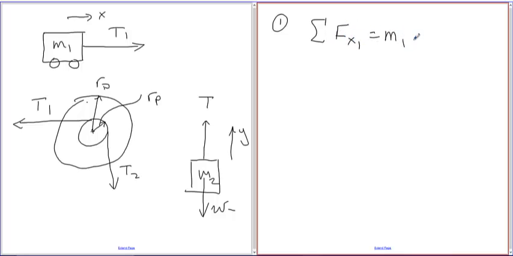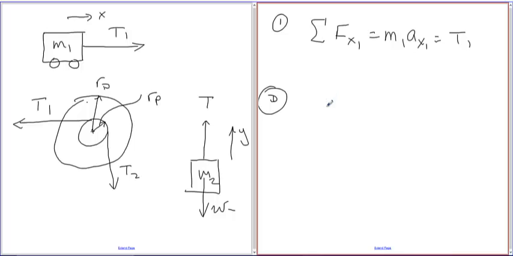That's M1 times a sub x1. And we only have one force here, the tension, T1. So that's pretty simple. Now if we had friction, we'd subtract the friction force. If it was on an inclined plane, we'd have to take into account the x component of the weight. Anyway, for our case, that's all that happens with that.